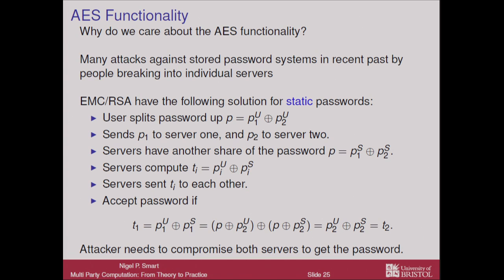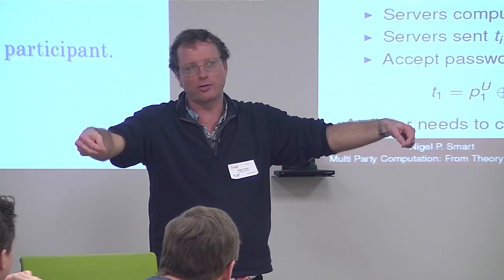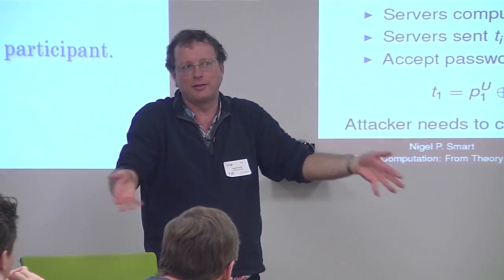The benefit of this is that for static passwords, if you break into one server, you don't compromise the other. Now you can say, why are you storing passwords in the clear anyway? But in some sense, the password has to go over the network. If you've sent one share to one server and one to the other, then at no point, unless you break the communication channel between the two points, is the password ever there.